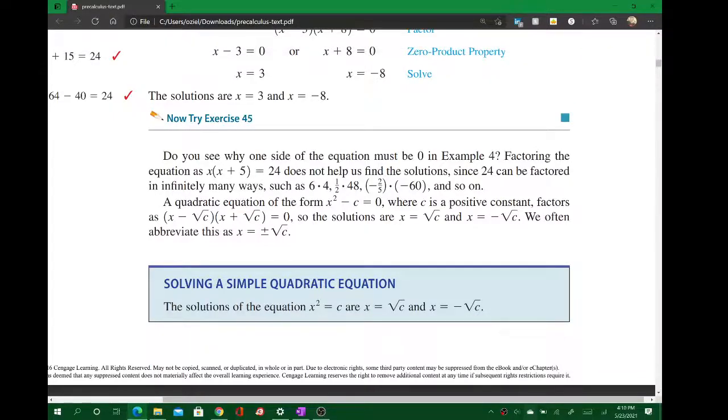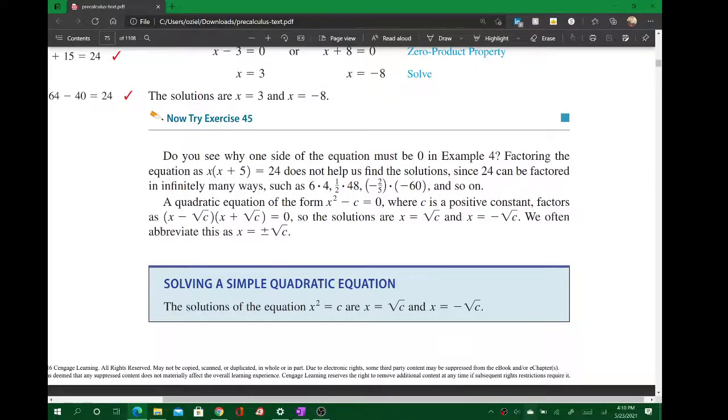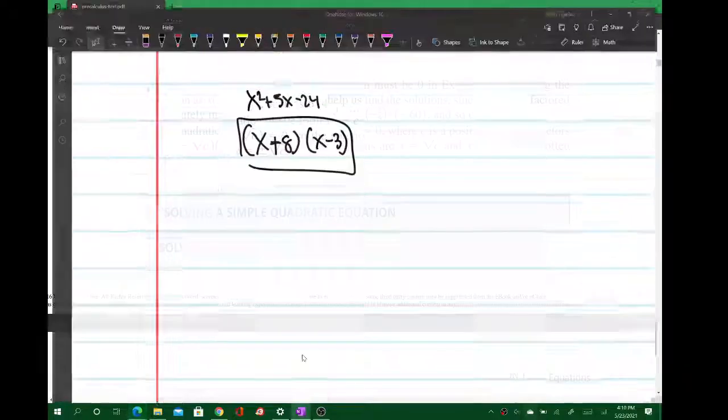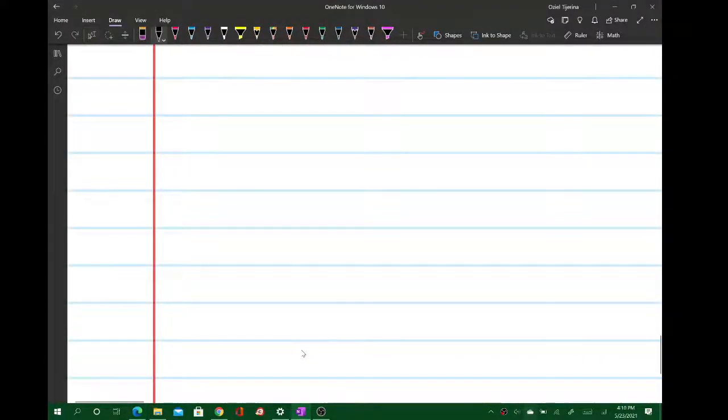So obviously, this is saying that if we have a quadratic equation of the form x squared equals c, where c does not equal 0, then x will equal plus or minus the square root of c.